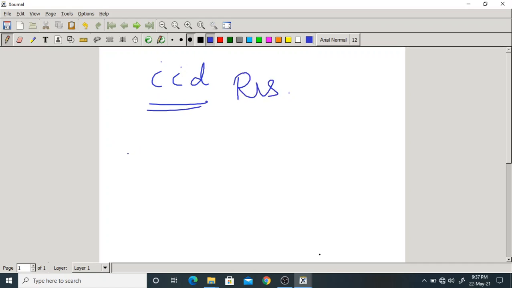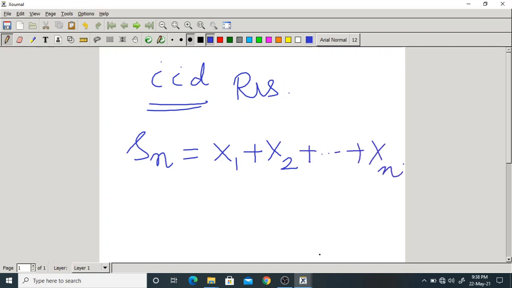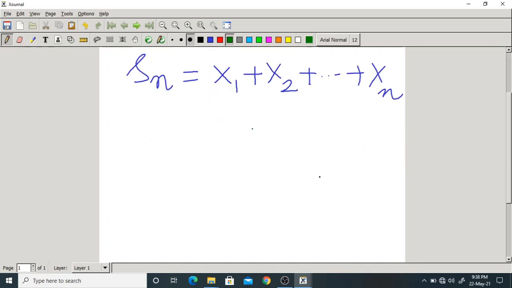Now we are defining Sn, that is the sum of the first n random variables. What is Sn? Sum of the first n random variables x1, x2, and so on, xn. Since they are independent of each other, let us calculate the expectation of Sn.